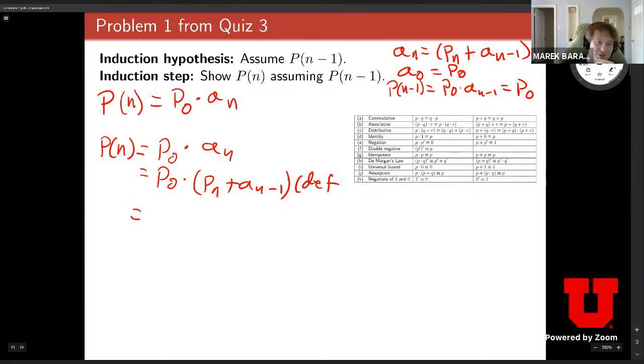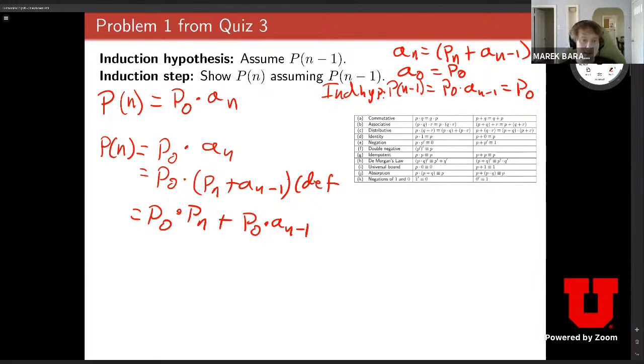Then we can use the distributive rule to get P0 times Pn plus P0 times An minus 1. And right here, we can apply our induction hypothesis, which says that P0 times An minus 1 equals P0.